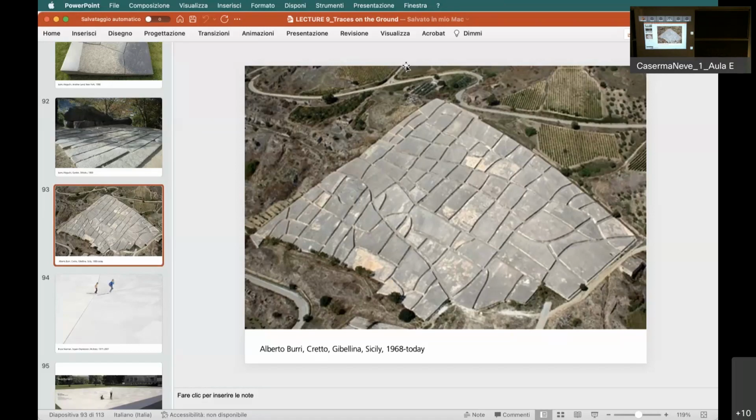Something that is charged with a very strong aesthetical intention, not necessarily going together with the purpose, but also, to a certain extent, the self-expression of an artist, because of course it's like that in architecture and in landscape.